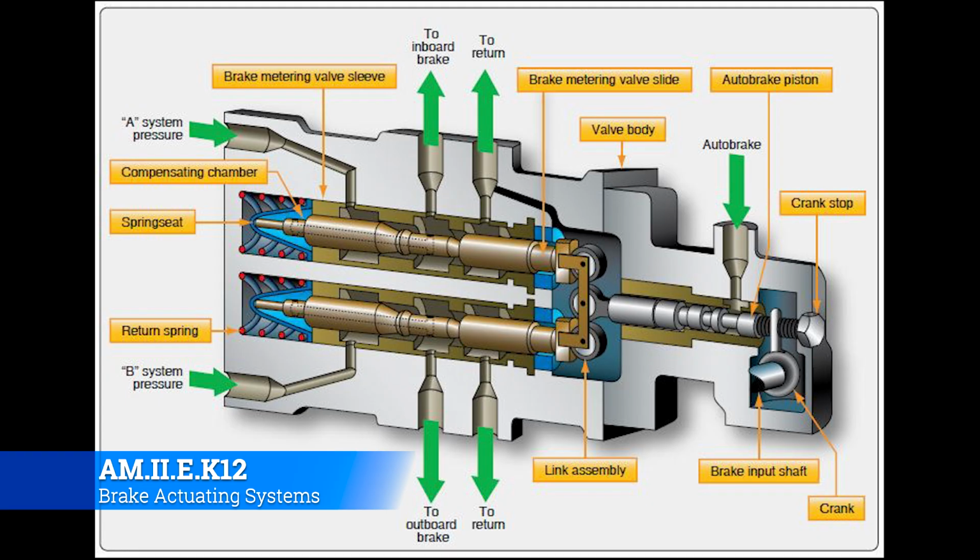The pressure developed is in proportion to the amount the rudder brake pedal is depressed and the amount the slide is displaced. The slide spool also simultaneously controls the return of fluid to the hydraulic system return manifold when brake pressure is released. And so that's how they manage such a complicated brake architecture.